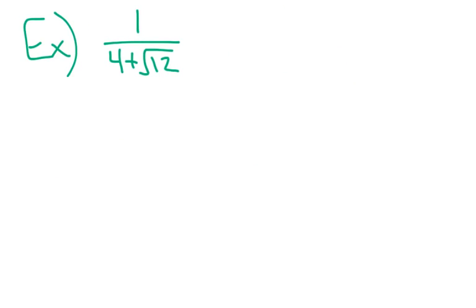Alright, now let's look at one where you have to use the conjugate. And the conjugate is where you focus on this thing right here, and you're going to use the same numbers, 4 and square root of 12, but now you're going to change the sign. Now, to make this maybe a little bit easier, I'm going to first of all simplify the square root of 12, so I have 1 over 4 plus, and since this is 4 times 3, I'll have 2 root 3.